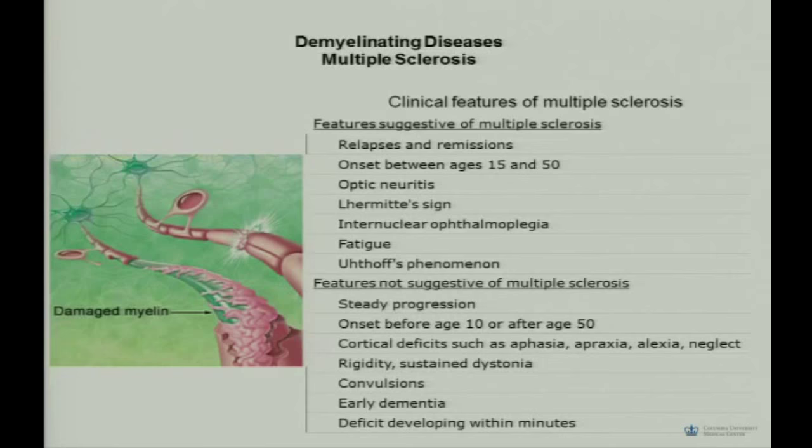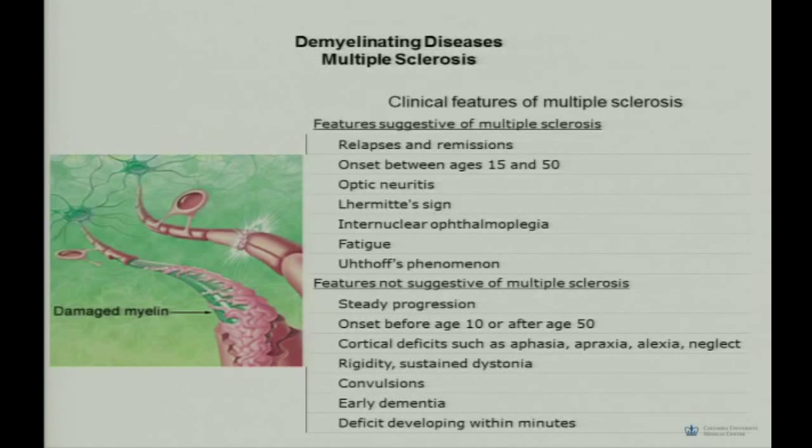The majority of patients are going to have relapses and remissions. Okay? So they're going to have times where there's an acute loss of some function followed by an almost full recovery. Okay?